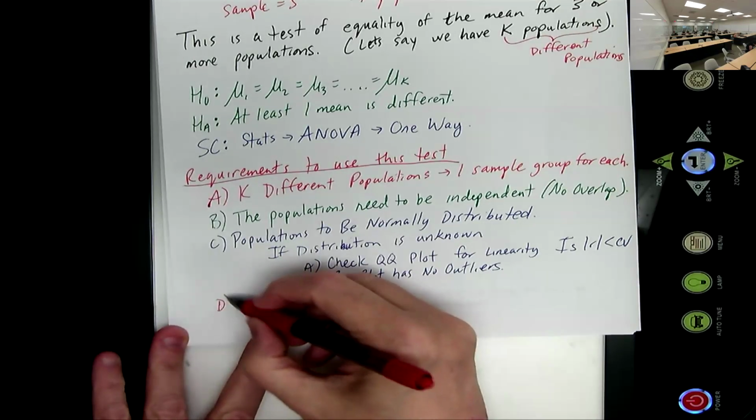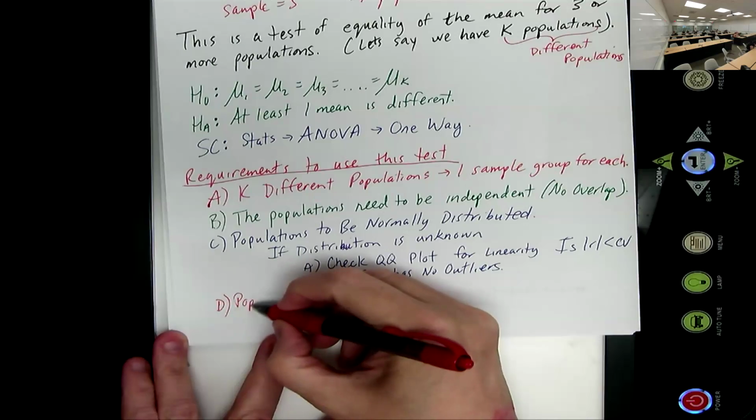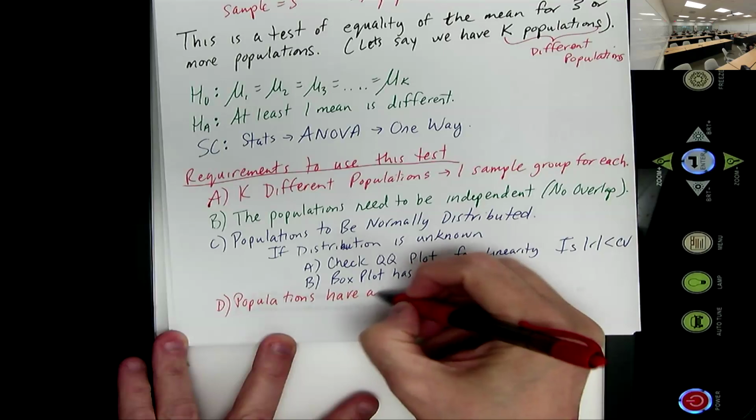Final category. Populations have approximately the same variance.